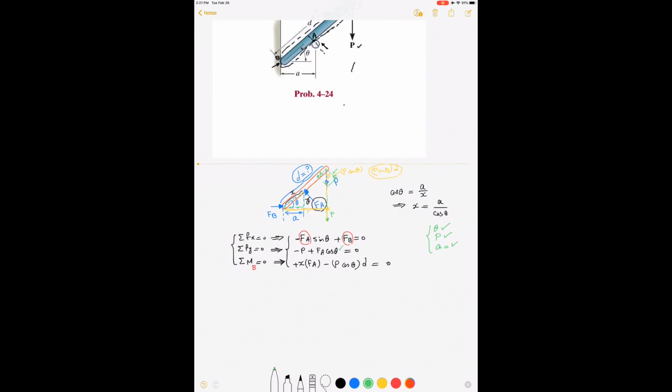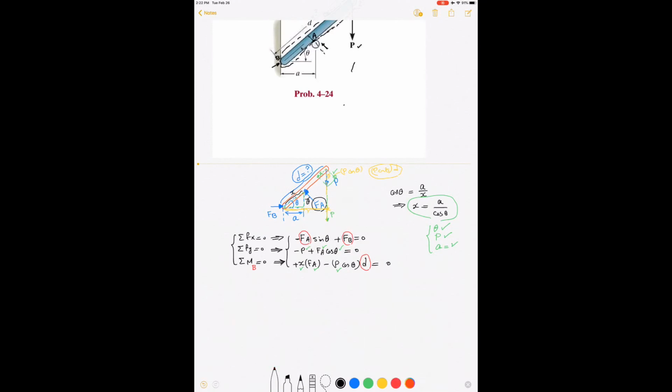We already considered FA as an unknown. P is given. x I found in the equation right here in terms of a and theta. So the last unknown, I'm going to circle it with red, is d. So I have three equations and three unknowns. If I can figure out these three unknowns, then I should be able to find the equation for d, which is the answer to this problem.